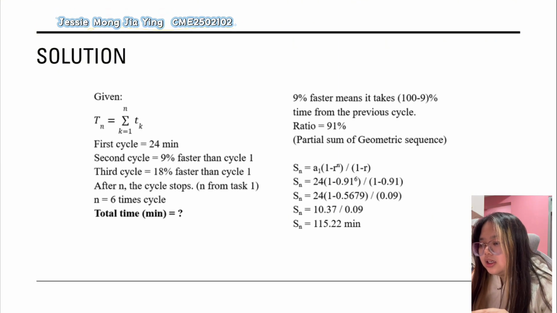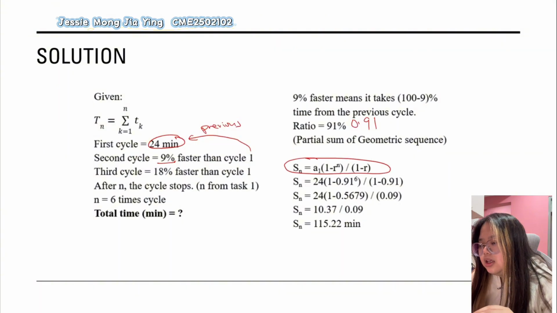Next, we calculate the total refinement time. The first refinement cycle takes 24 minutes, and each subsequent cycle is 9% faster than the previous cycle. Therefore, the cycle time forms a geometric sequence with a common ratio of 0.91. So, we use the geometric series formula Sn equals A times 1 minus R to the power of n divided by 1 minus R. We sub the values inside, which are A equals 24, R equals 0.91, and n equals 6.